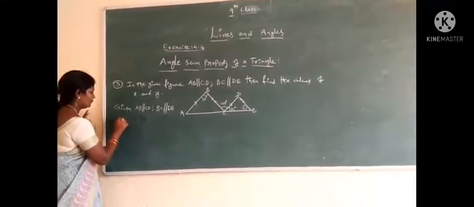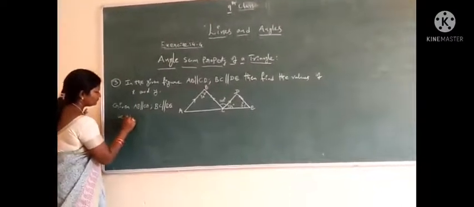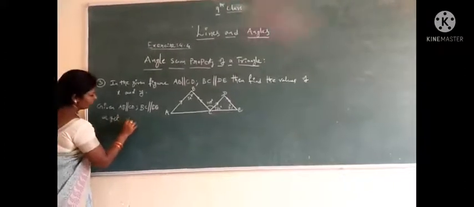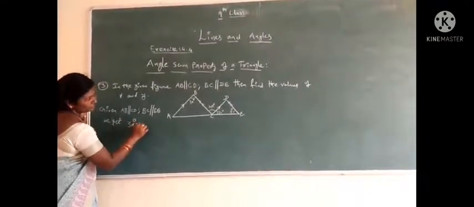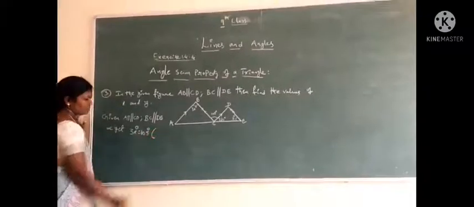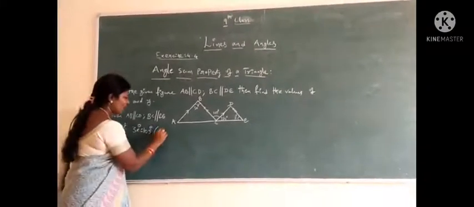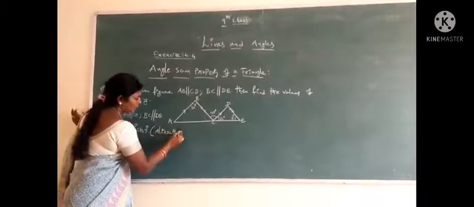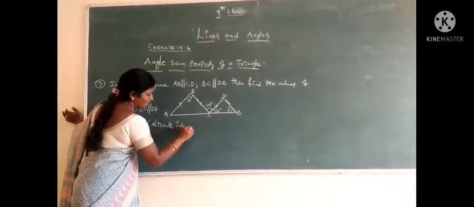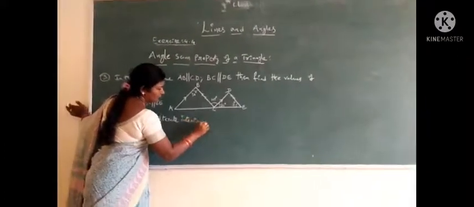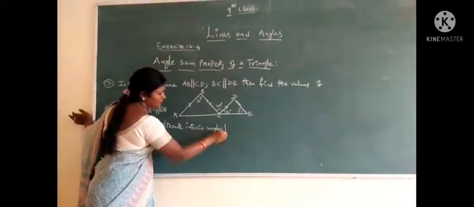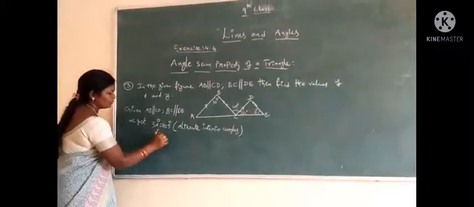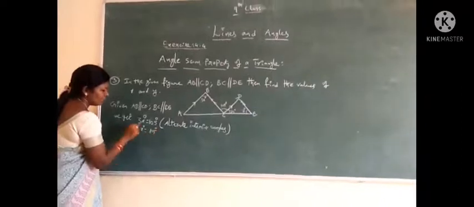So 3x degrees is equal to 105 degrees, alternate interior angles.